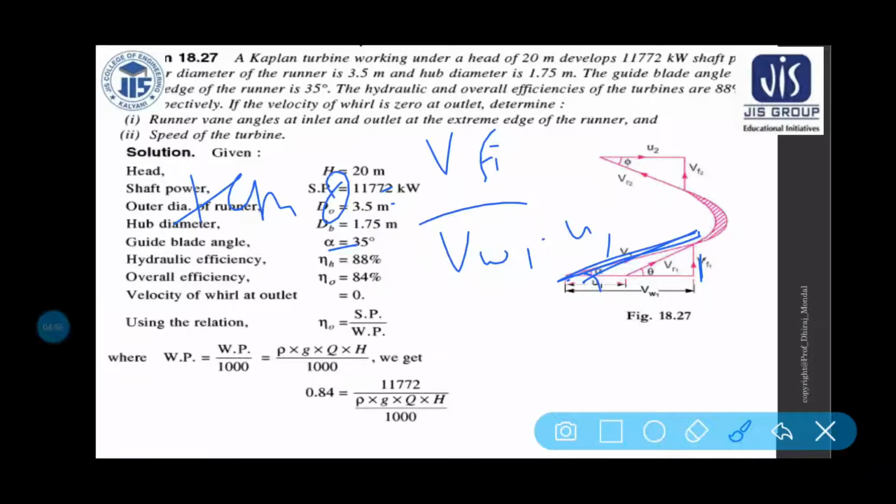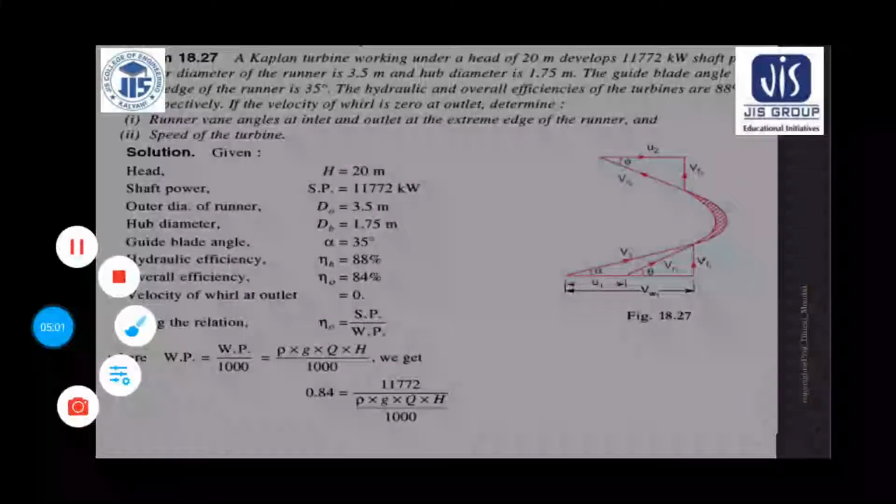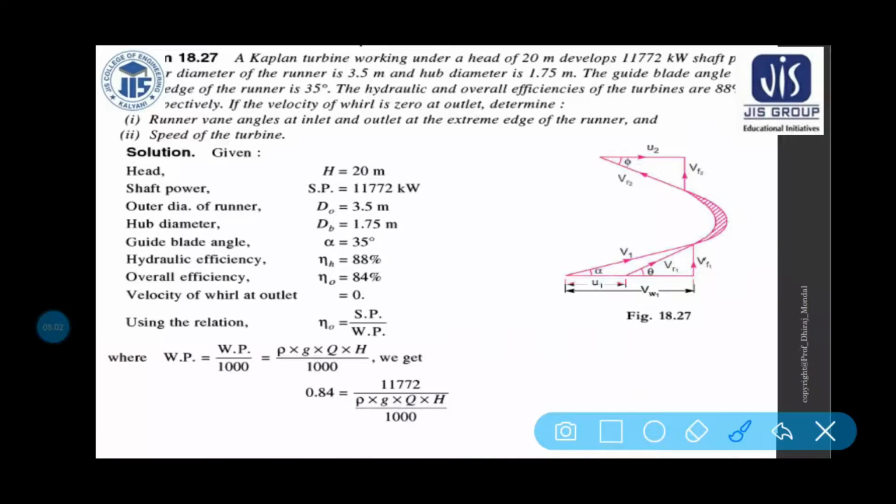So first of all, you know the overall efficiency, you know the given data. Based on this given data, you have to realize how we can link it and find out that particular thing.